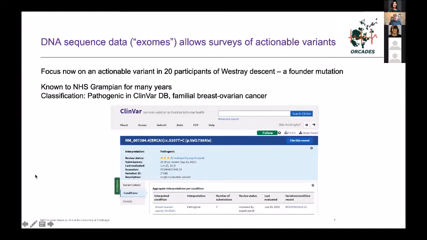And I've taken a screenshot here of the ClinVar database, which is one of these resources, where you can look up the variant of interest and find out what experts have decided about its pathogenicity. And so here's our variant showing that it is indeed a pathogenic risk for breast or ovarian cancer.